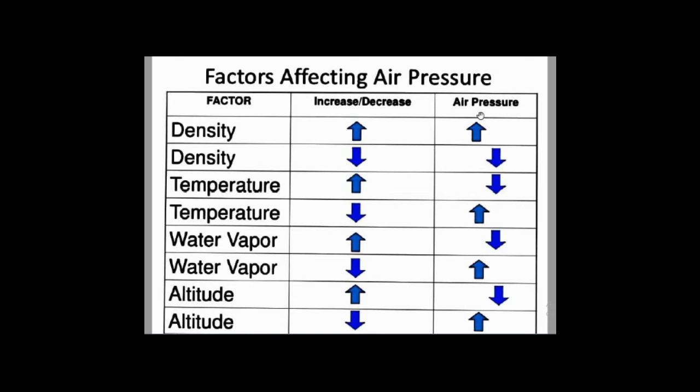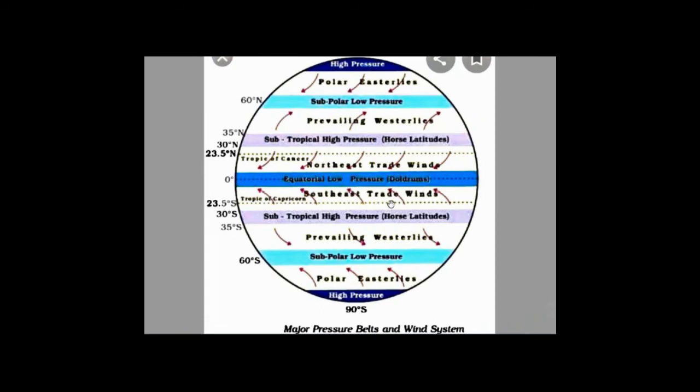There are 7 major pressure belts in the world. It is very easy to remember. At the middle, that means at the equatorial region, the equatorial low pressure belt. After that, 2 high pressure belts in both hemispheres: subtropical high pressure belt in the northern hemisphere, and again subtropical high pressure belt in the southern hemisphere.